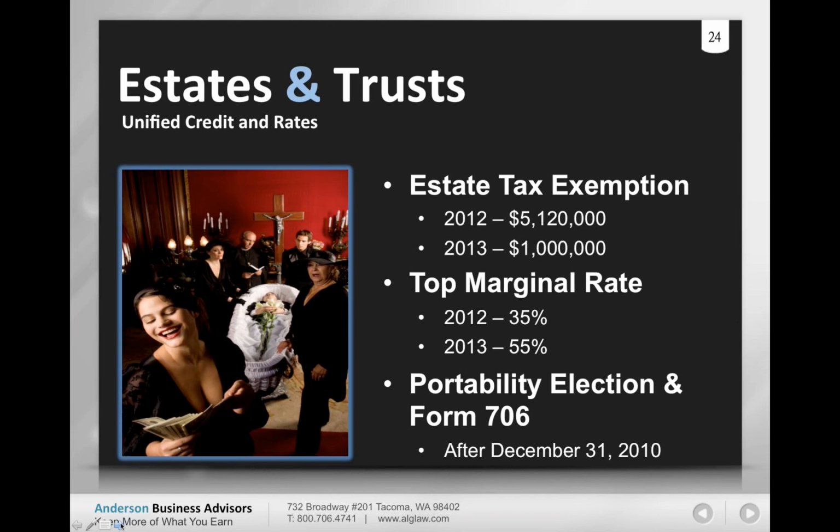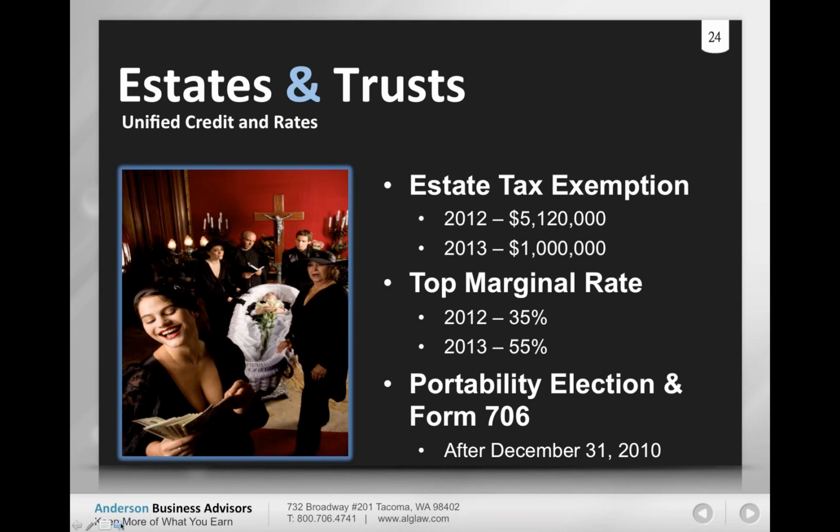Also, the top marginal rate goes from 35% to 55%. Now, the reason that I mention this as well is because there is a portability election. And that portability election is something that would need to be made.